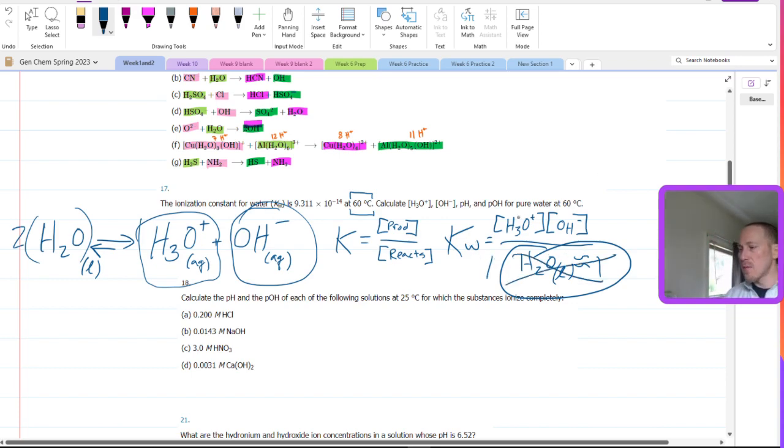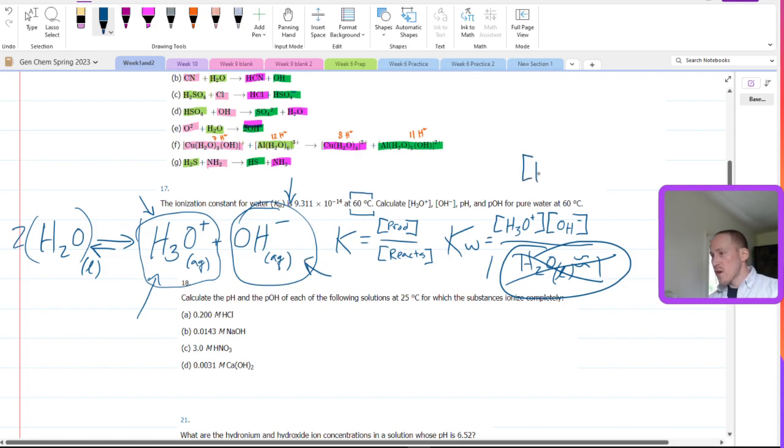So the Kw is the concentration of hydroxide times hydronium. And it looks like literally every time we get one of these, we get one of these. If water is the only thing going on, there's no case in which we're going to generate a hydronium and not also generate a hydroxide.